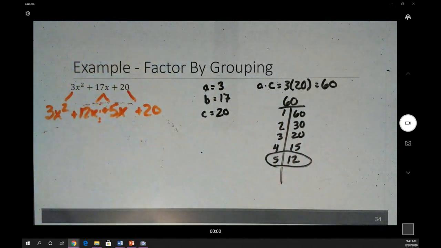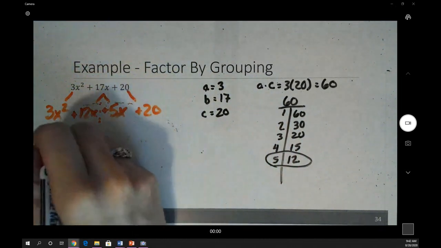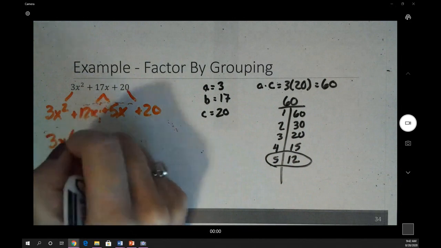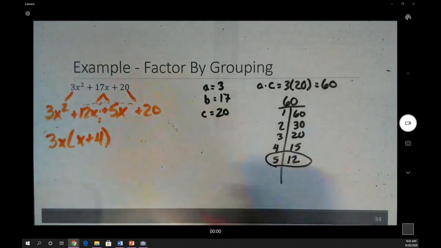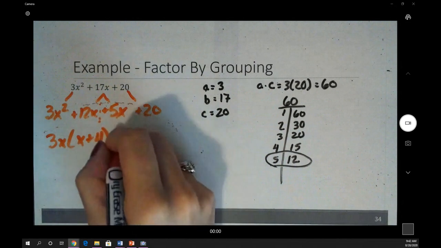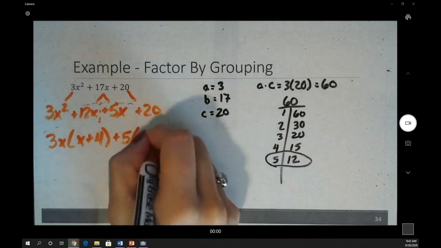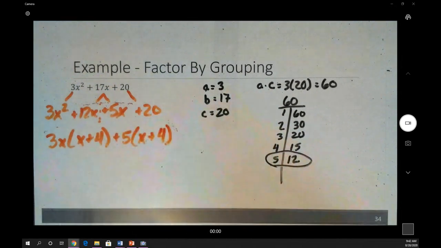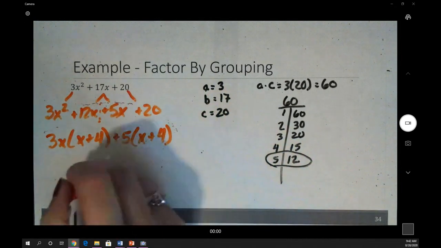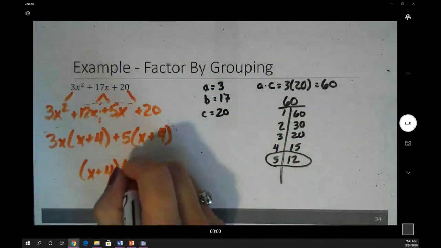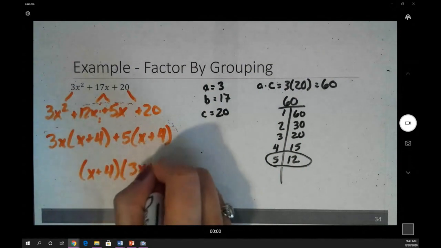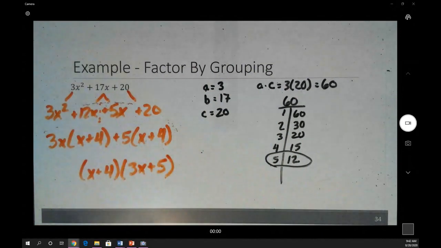Between the 3x squared and the 12x, we have a 3x in common, which would leave us with x plus 4. Between the 5x and the 20, we have a 5 in common, which leaves us with x plus 4, and you might see it already. They have the x plus 4s in common. And if I factor out the x plus 4s, that leaves us with 3x plus 5. So we get the same two factors.